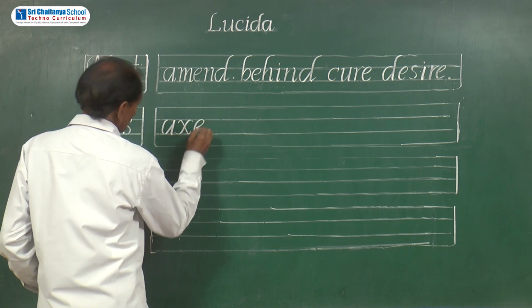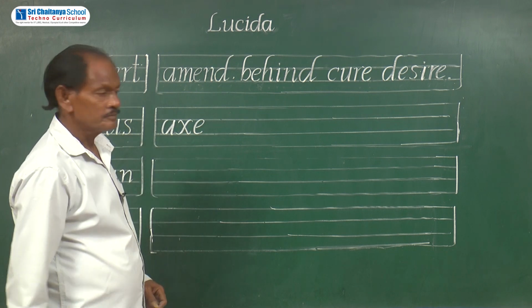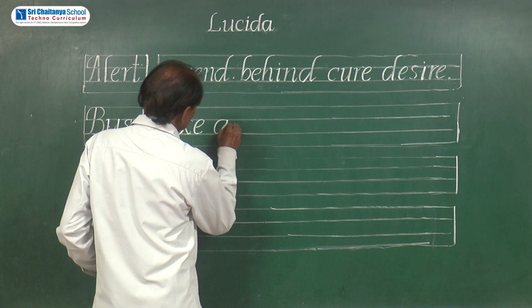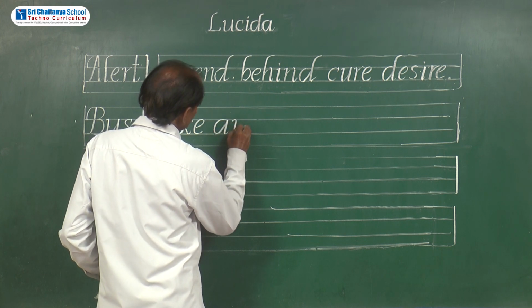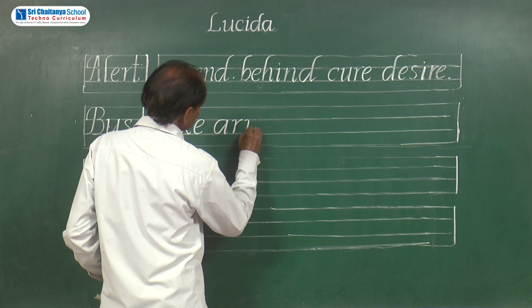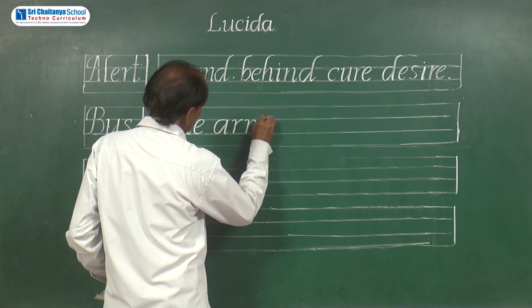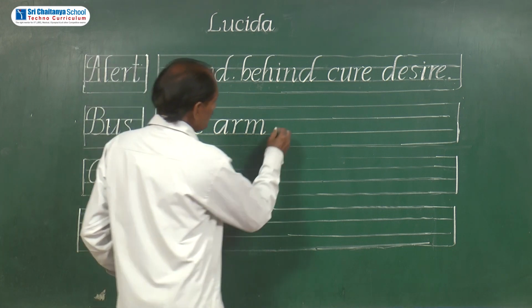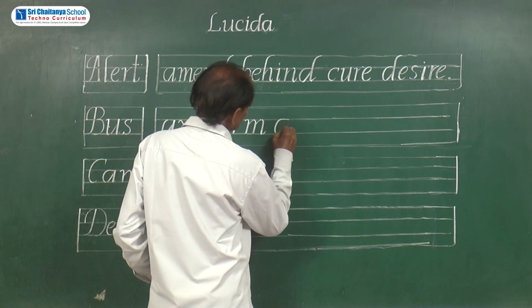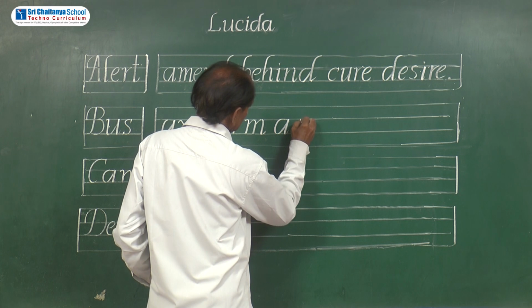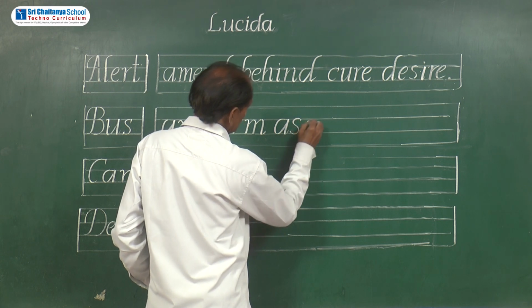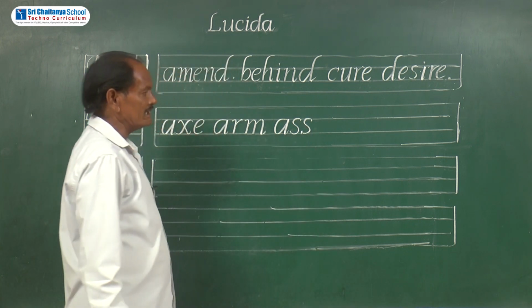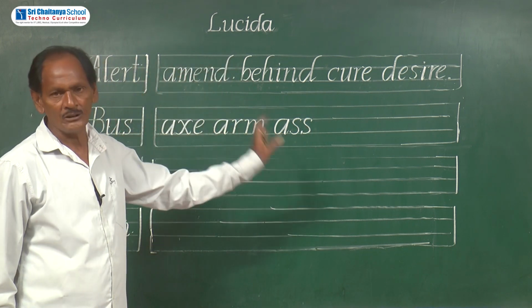Axe, arm, ass, as, like this, only the middle zone letters.